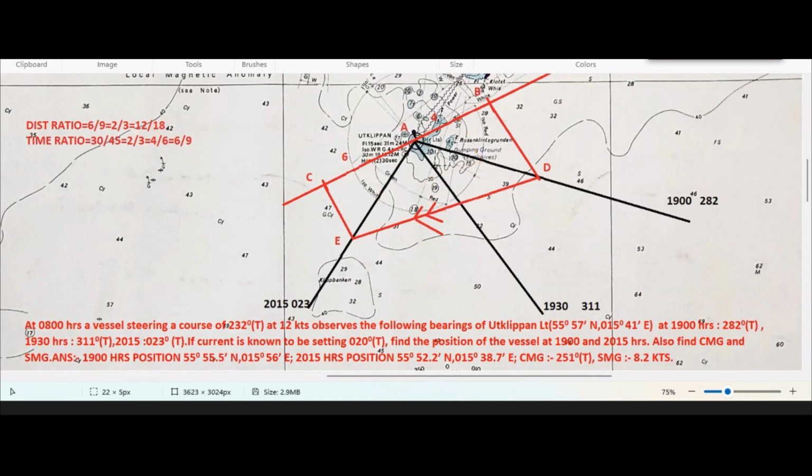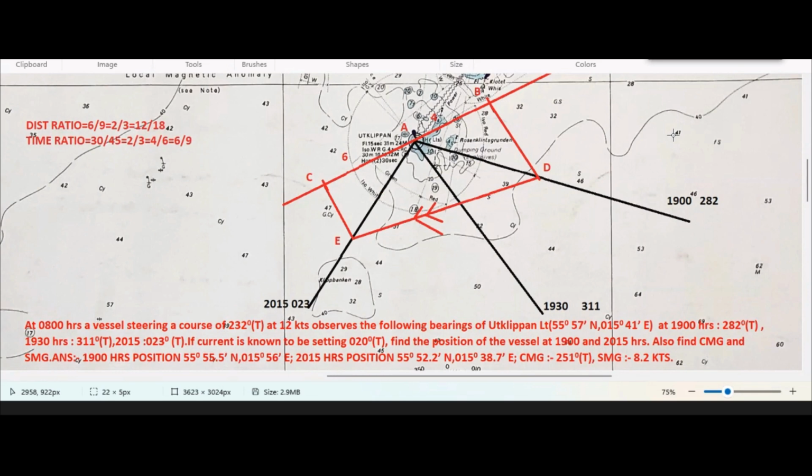Once you have joined the D line, you get the course made good line. Now from B and C, draw parallel to the center bearing, or perpendicular to the red line we have joined.